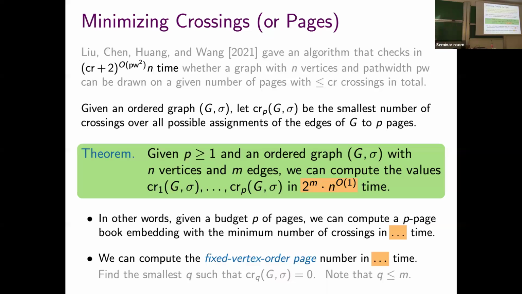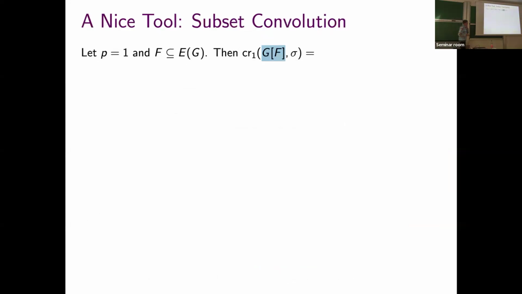It will appear sooner than later. Now, that's maybe one of the takeaway things of this talk. If you have not seen subset convolution, here you will see it in action as a black box. I will not talk about the algorithms behind it, but we will simply apply it to solve our problem.